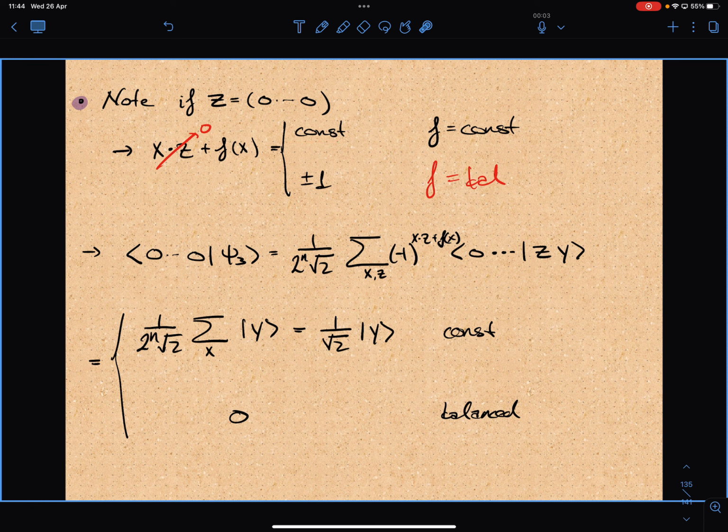And if f is balanced, this is going to be alternating between plus or minus 1. And now what I want to measure is the coefficient in front of the state 0, 0, 0.